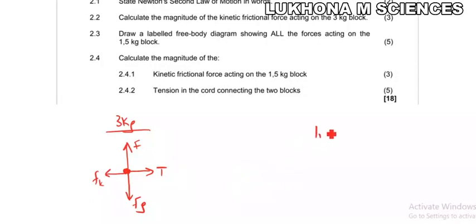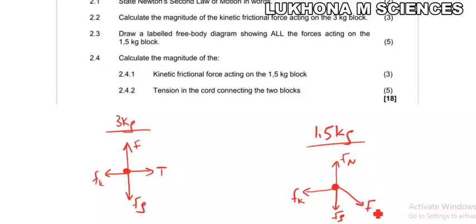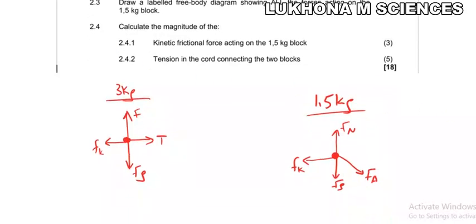Then we have the 1,5 kg: the normal force, then Fk, then Fg, then the force that is applied at 30 degrees, that is the applied force, or you can just say F. Now it is important to draw the components of the force.